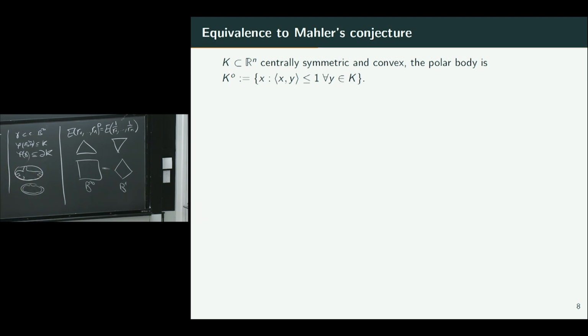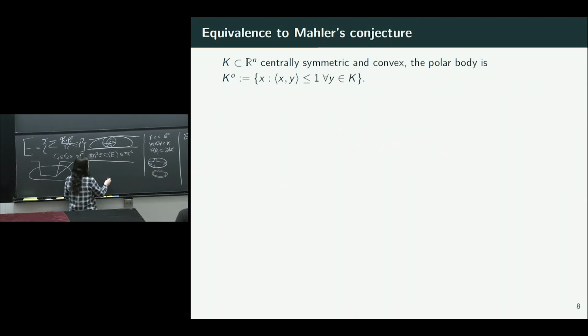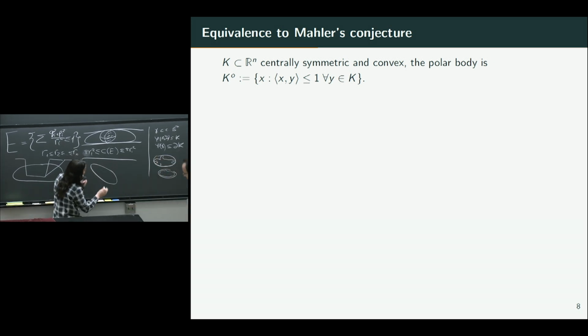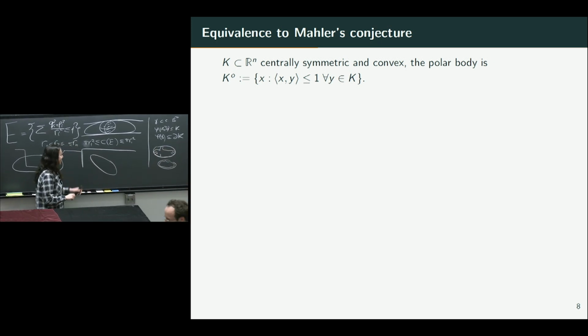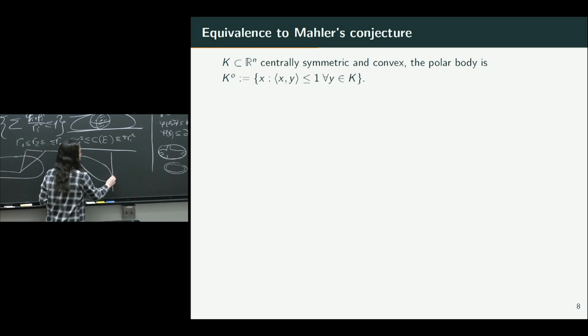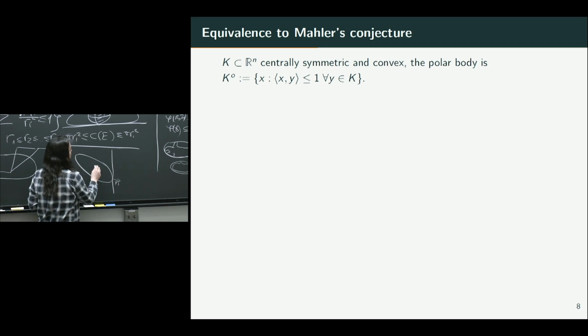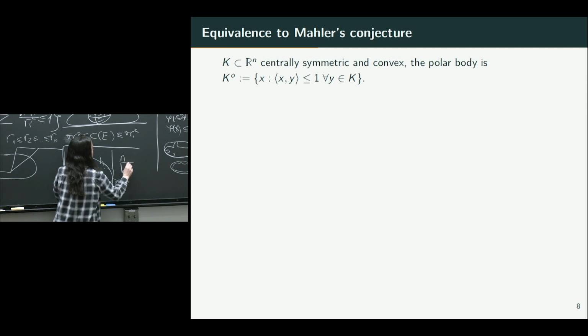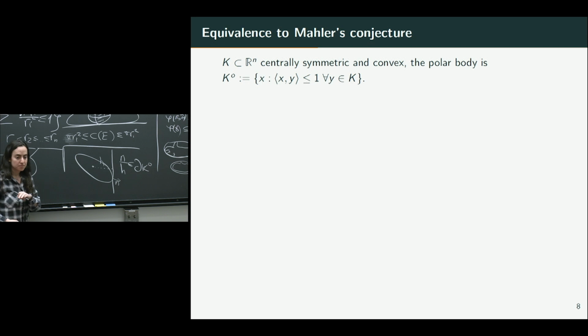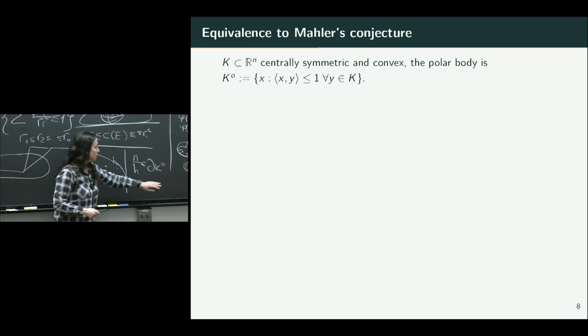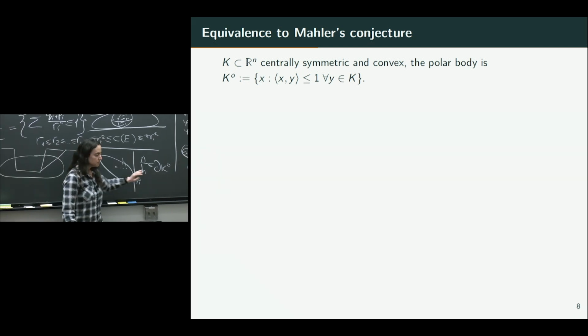So that's the dual, and for general domains, I can just do it here. If I have some general domain, and I look at a normal at some point, and I look at the distance from the origin, so that would be h, the height, and the normal n, then n over the height would belong to the boundary of K polar. So this would be an intuitive way to think about K polar.